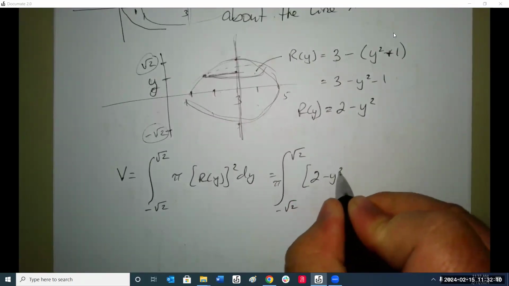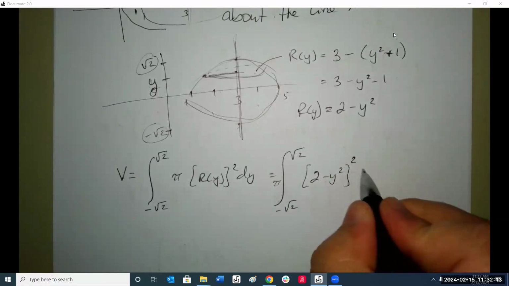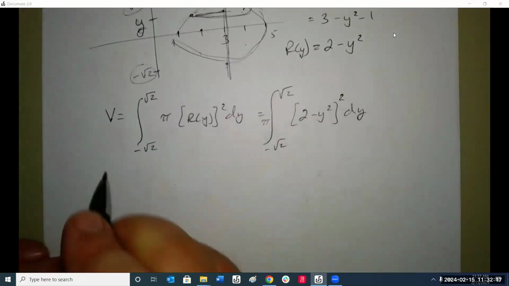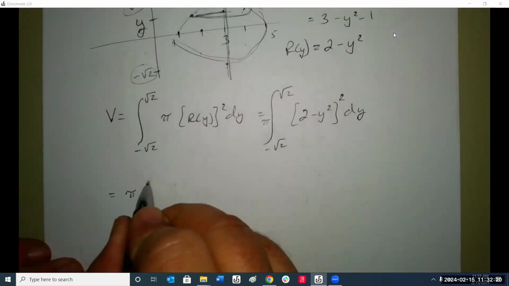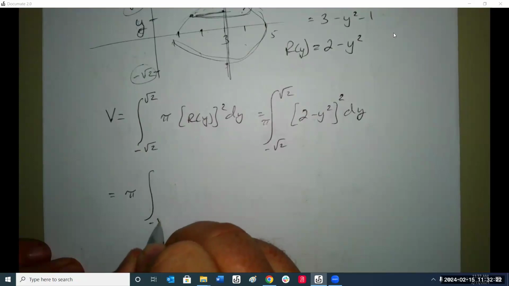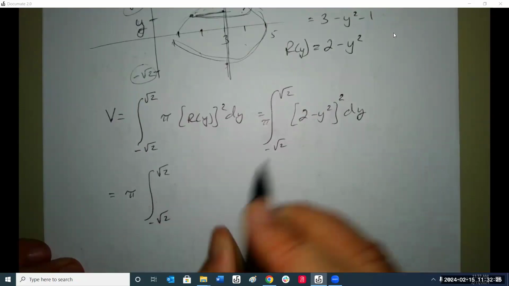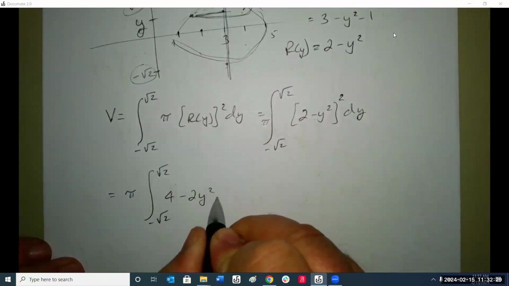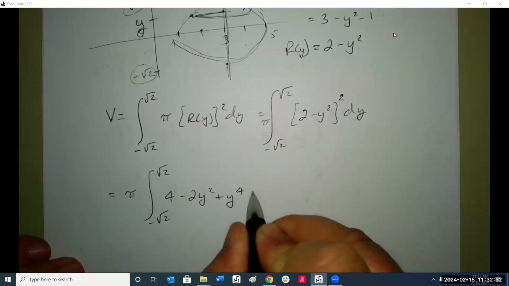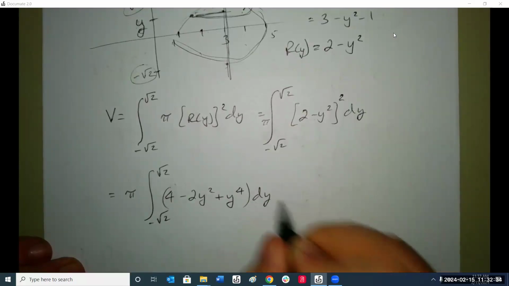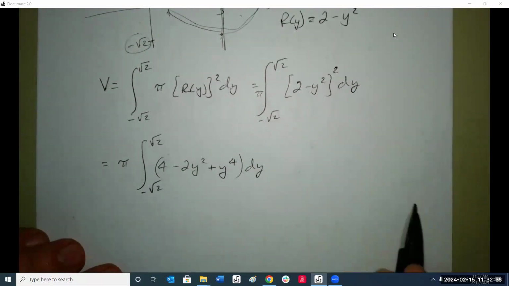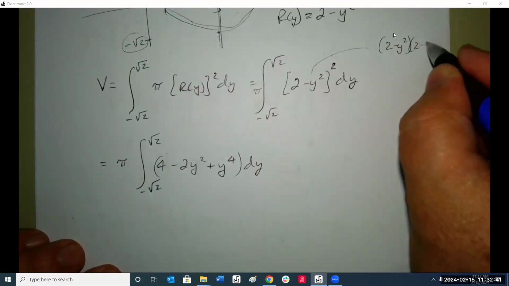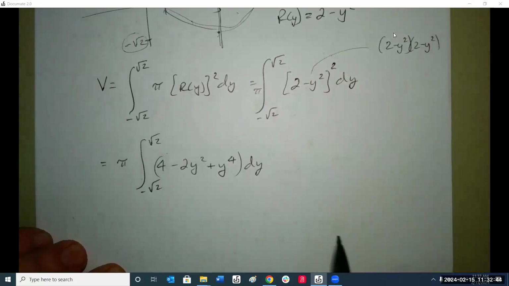It's 2 minus y squared, squared. Foil this out. I got 4 minus 4y squared plus y to the 4th. Again, for this one, you have to do 2 minus y squared times 2 minus y squared and foil them out.